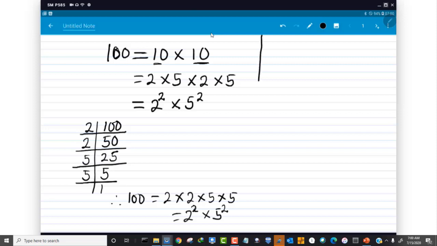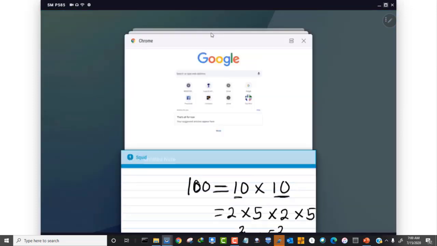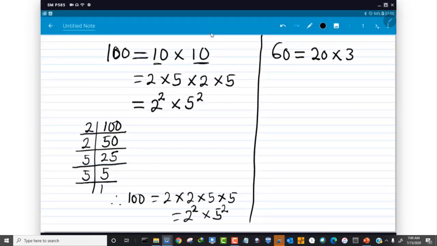Let us look at another example. Let's pick 60, and I want to express it in prime factorization. This is simply 20 times 3, or you could say 30 times 2. Anyhow, we still have the same thing. Then I can have 20 as 4 times 5 times 3.